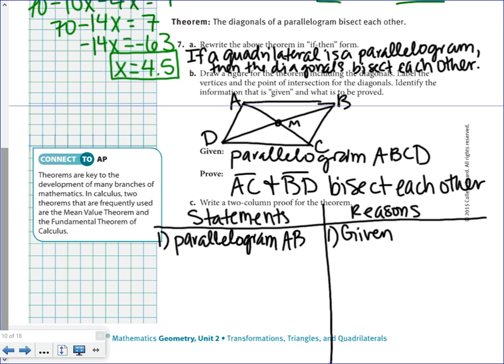And we named it ABCD. So parallelogram ABCD. Since we have a parallelogram, we know that our sides AB and CD are parallel because that's part of it being a parallelogram, that the opposite sides are parallel. So the reasoning that we would put there: definition of parallelogram.